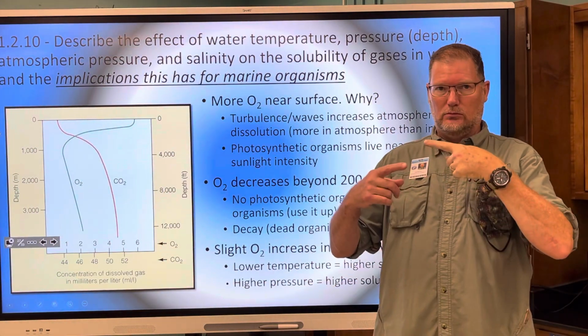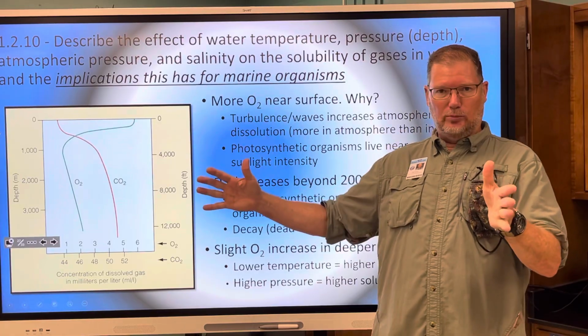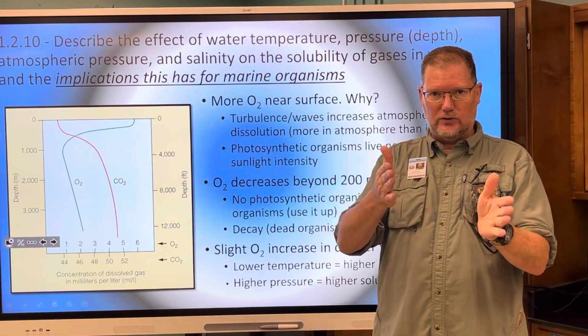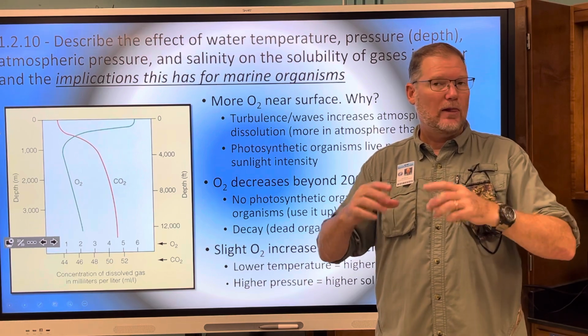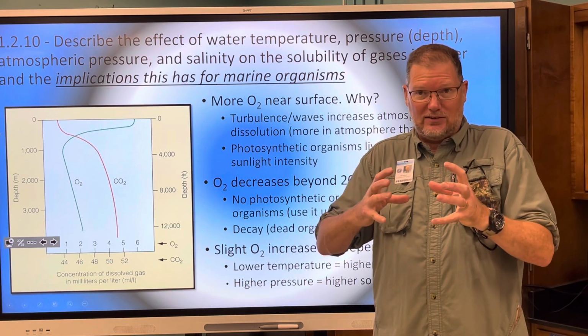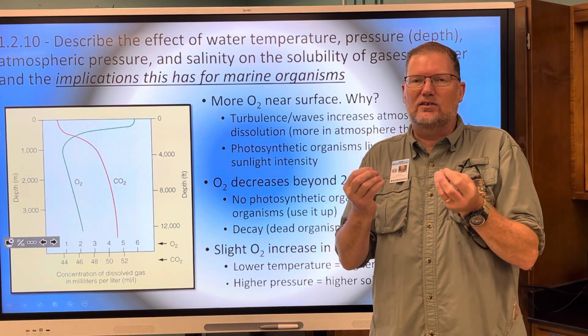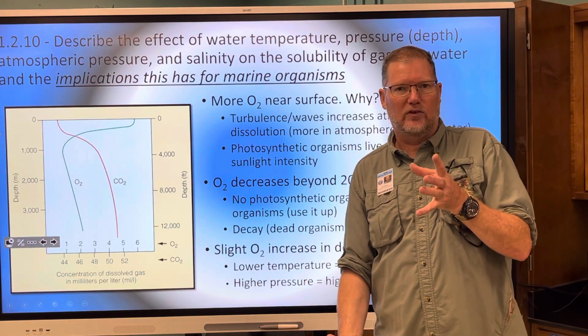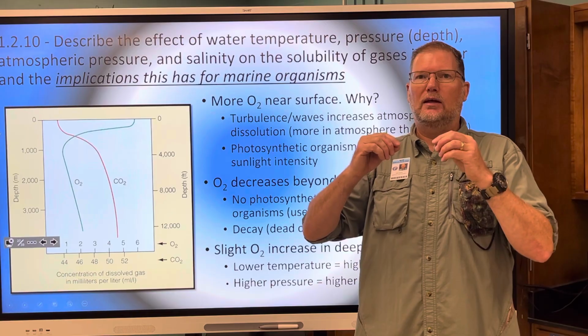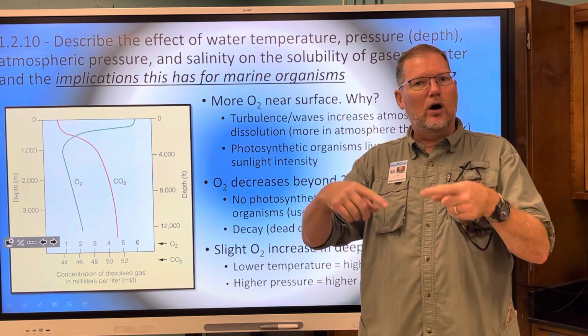Turbulence, mixing. The wind blows over the surface, making waves. The waves churn up the surface, which really is just mixing. The same energy is like below the sea. So it's just mixing air and water.